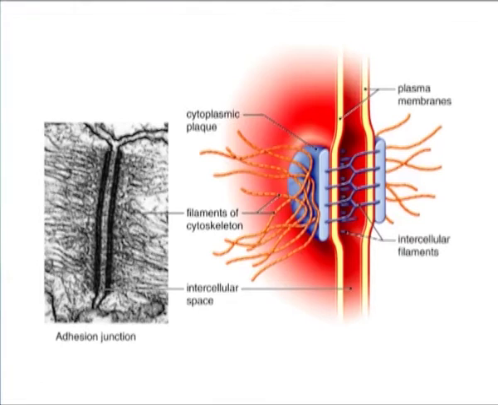Dense bodies also are associated with beta-actin, which is the type found in the cytoskeleton. The intermediate filaments are connected to other intermediate filaments via dense bodies, which eventually attach to adherens junctions, also called focal adhesions, in the sarcolemma of the smooth muscle cell.